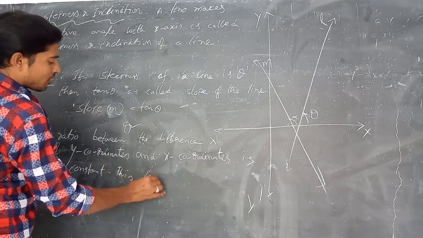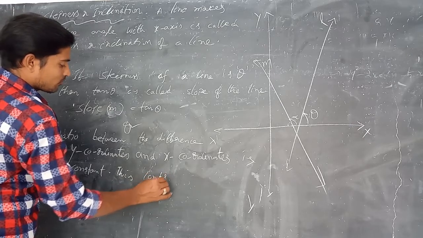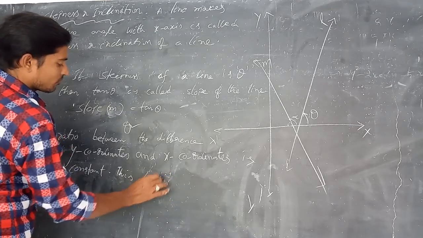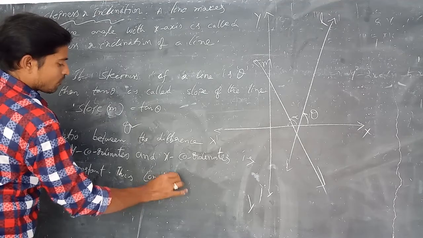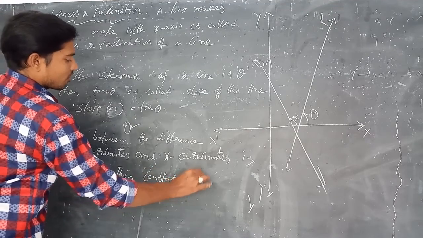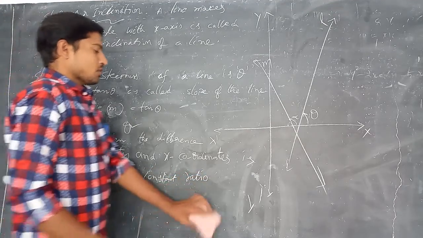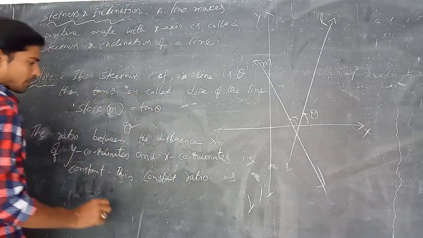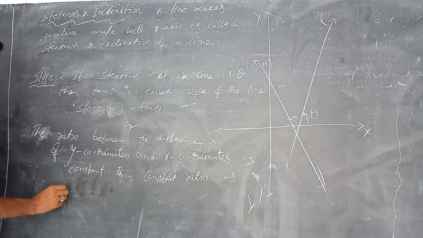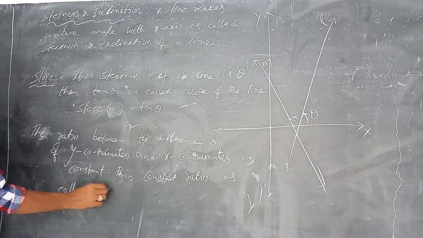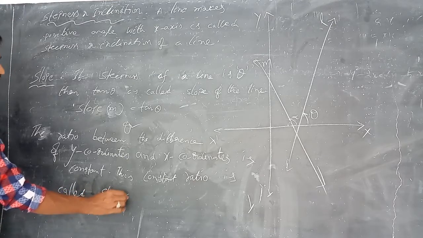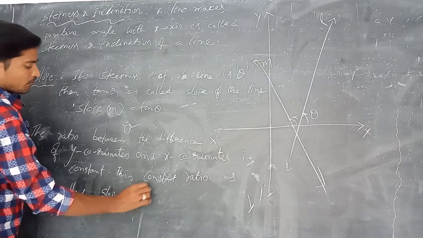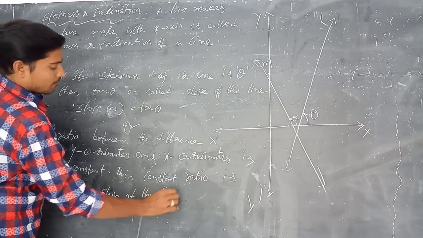This constant ratio is called the slope of the line.